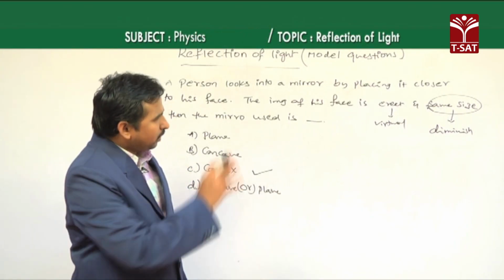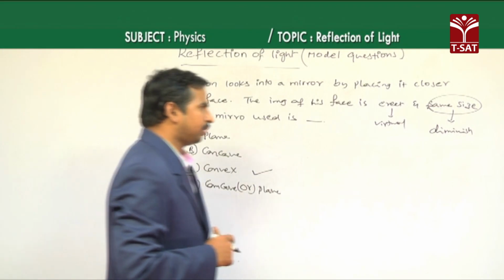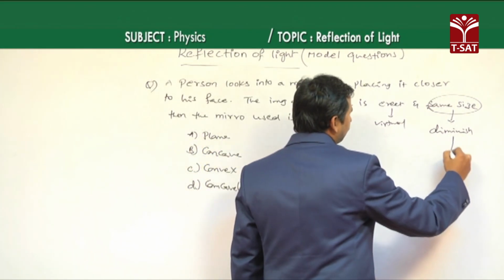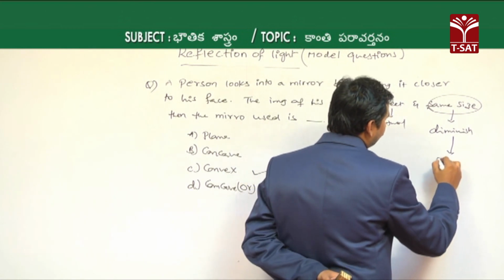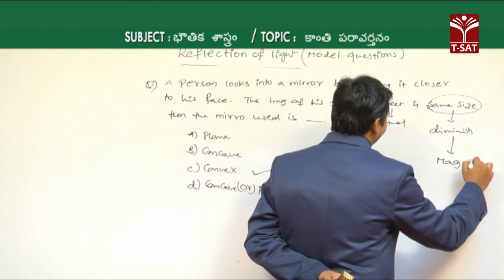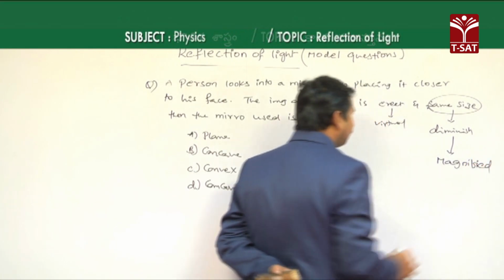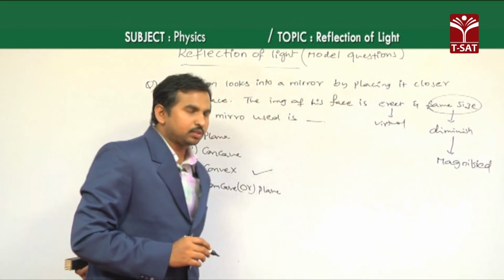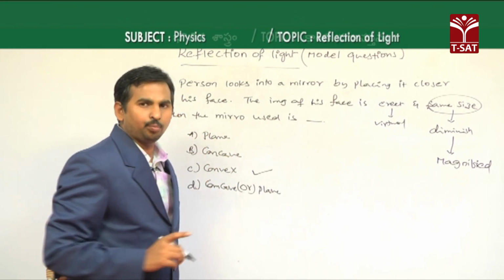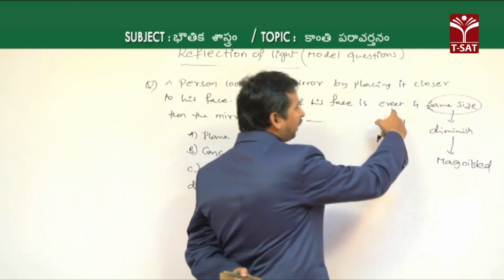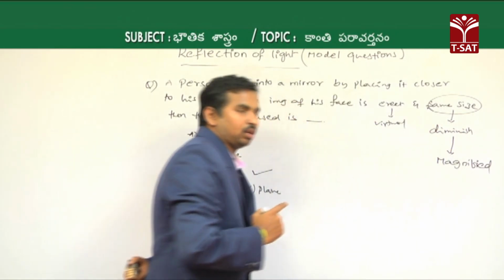For example, if instead of diminished, they say the image is bigger in size, which is magnified, then what are the given options? If it is erect and same size, then we get a plane mirror. If it is erect and diminished, that is a convex mirror.